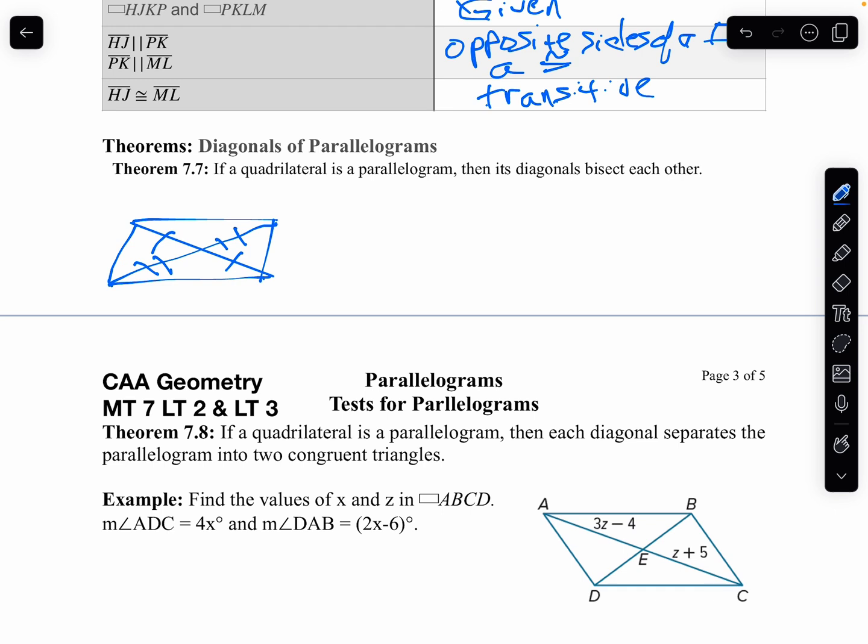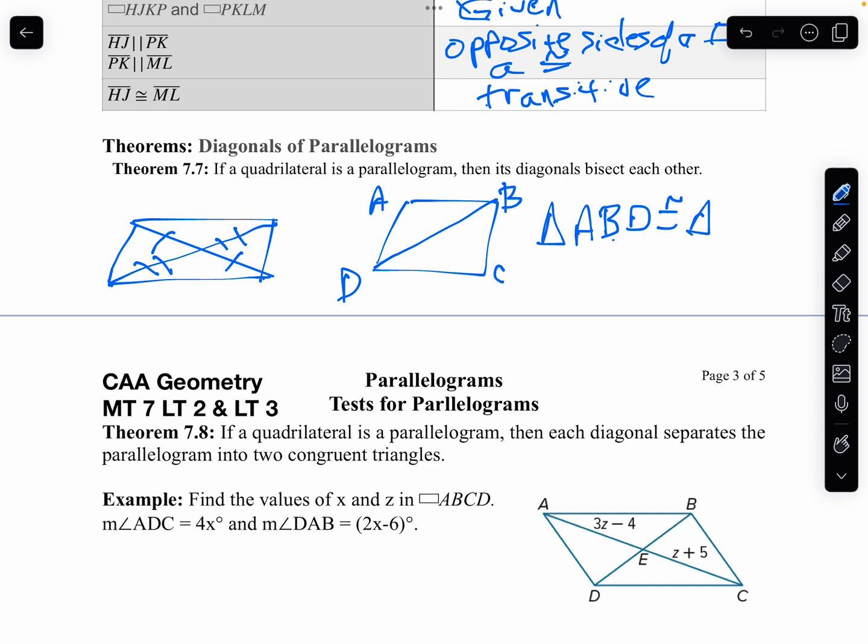The other thing is, if I have a parallelogram and I draw on one diagonal, I know my triangles formed are congruent. I know, for example, triangle ABD, not ABC, that's not a triangle, is going to be congruent to triangle CDB.